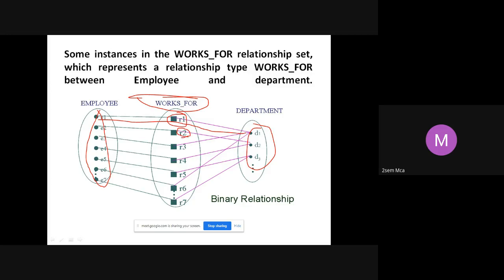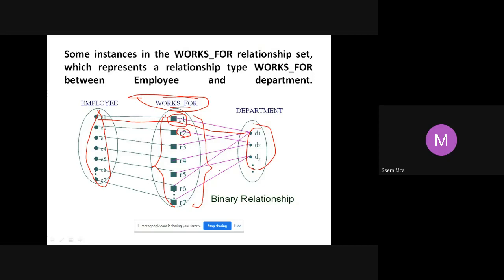E3 is related to D1. Like that, you go on showing the exact relationships in this works for. So this works for is a relationship type which is actually containing all these 7 relationships. This collection of 7 relationships, or this collection of 7 instances of this relationship, we call it a relationship set.